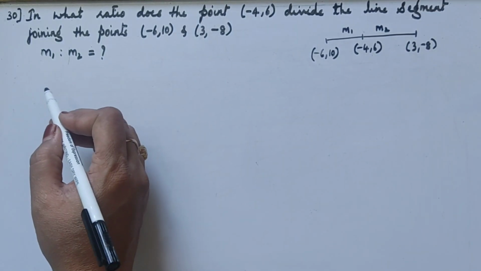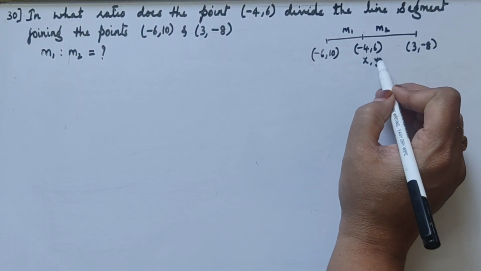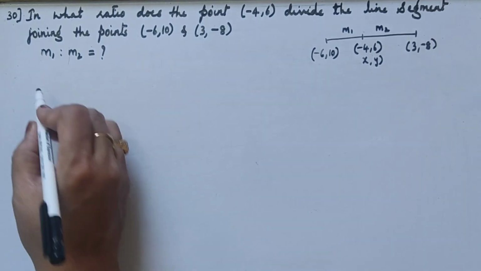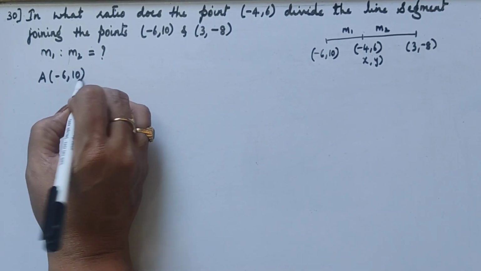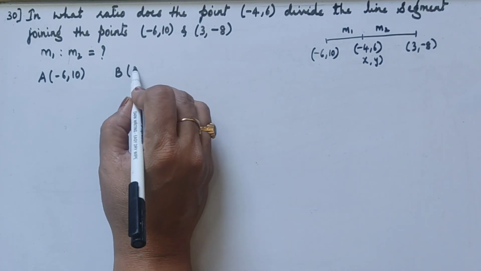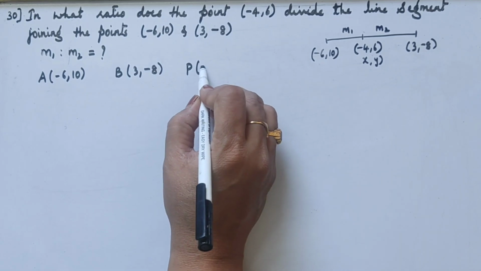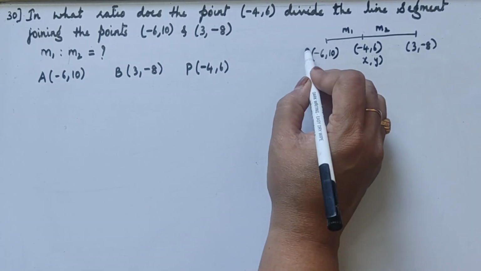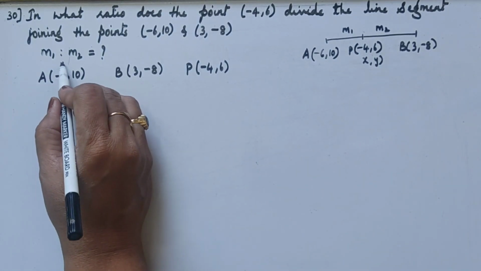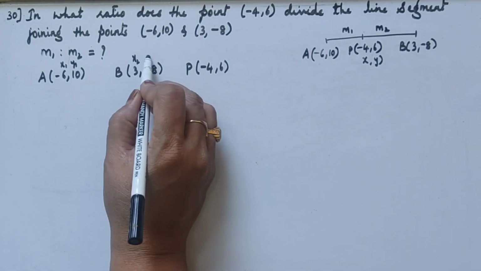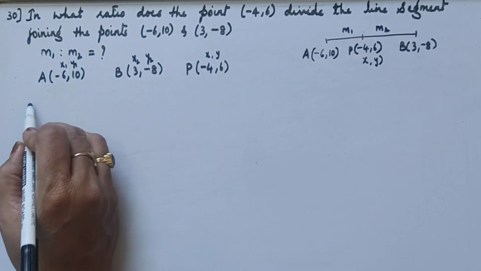So we are going to use the section formula. This is x1, y1, x2, y2. I'll write here. Let me name this as A, minus 6 comma 10. B is 3 comma minus 8. And P, let me name this as minus 4, 6. This is A, B and P. Okay, this is x1, y1, x2, y2 and the point P will be x comma y.